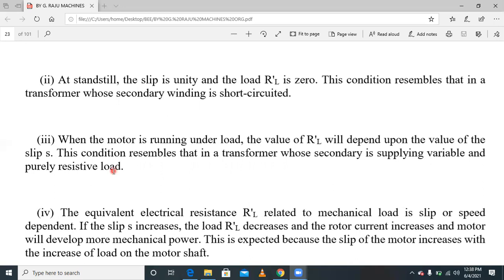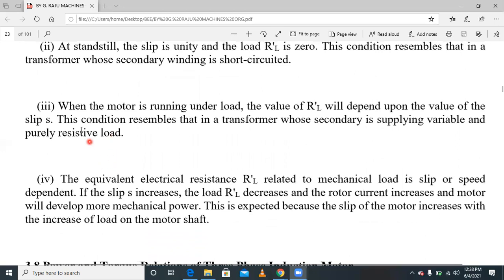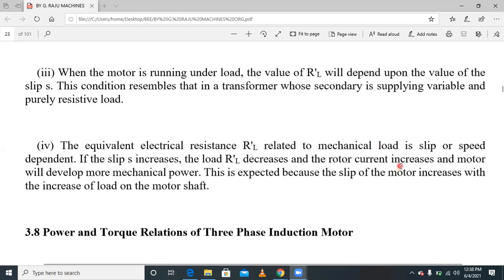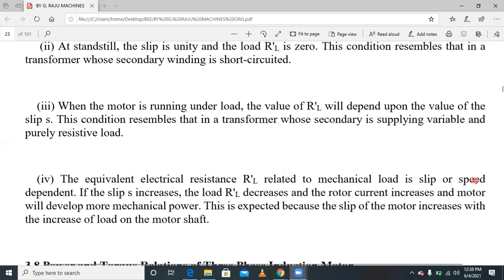So like this, this is the concept regarding the induction machine. And then the fourth: the equivalent electrical resistance RL is related to the mechanical load, and is slip or speed dependent. Am I right? RL is depending on slip and slip is depending on speed.